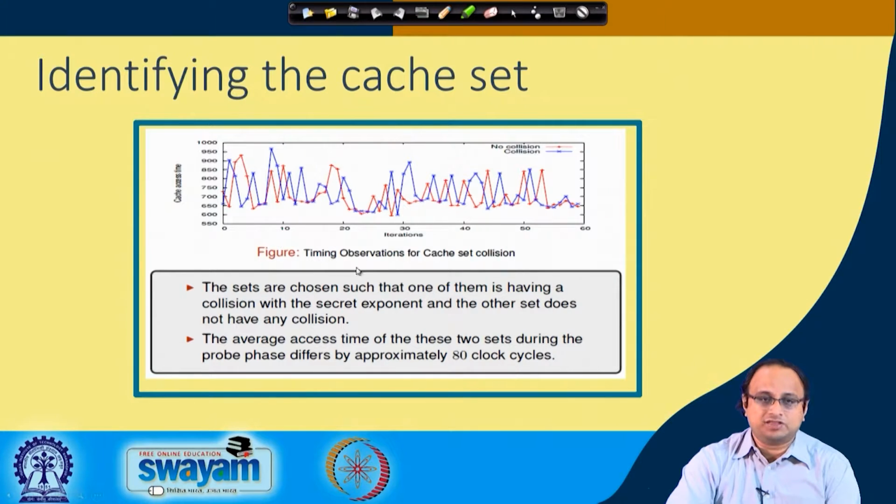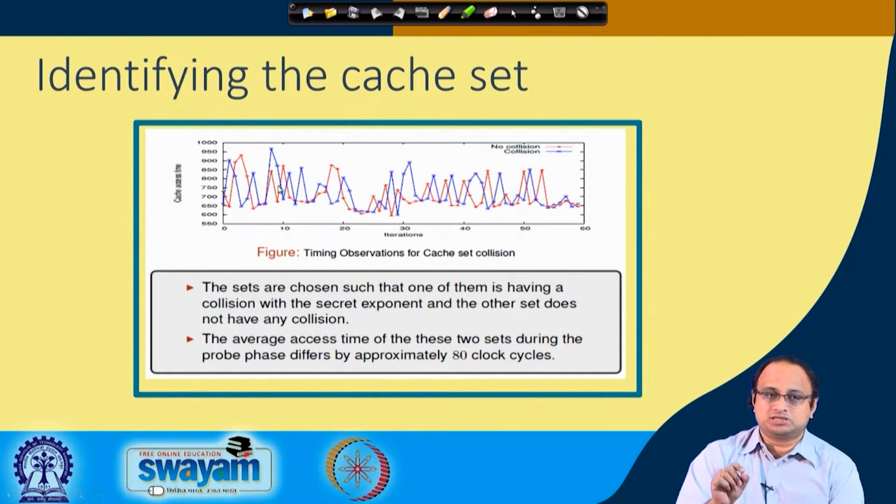When the spy comes back and probes, it expects an increase in the average time, and that is what you can observe here. Since there is a collision, the average cache access time has increased, and therefore the spy is able to understand the correct cache set where the secret exponent is getting mapped.